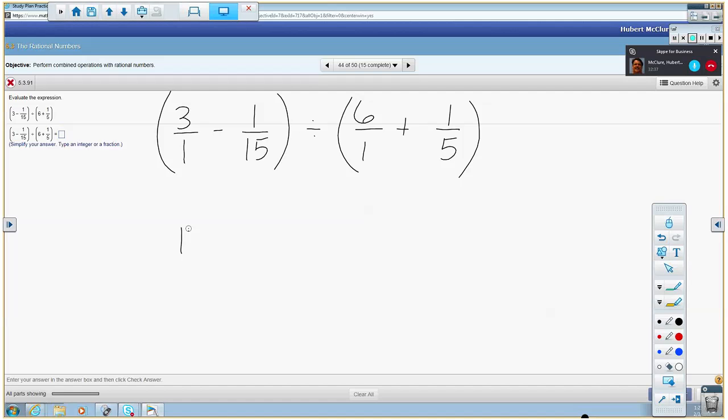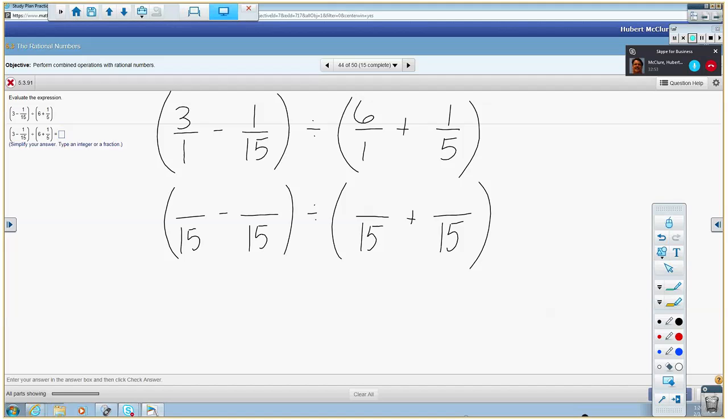So 15 here, 15 here, 15 here, and 15 here. You wouldn't work out the 3 and the 15 and put the 5. You can't do that.